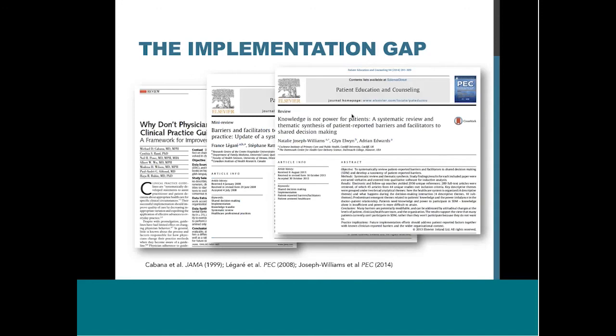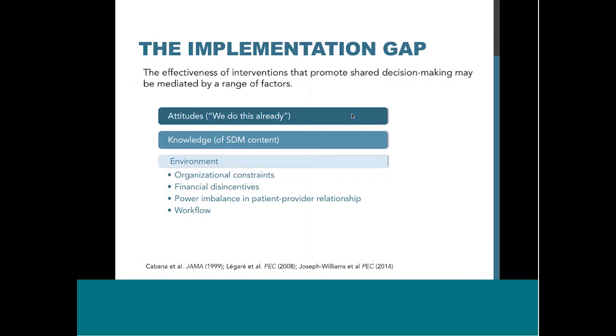And more recently, Natalie Joseph-Williams, my colleague Glenn Elwyn, and Adrian Edwards in the UK did a review of patient-reported barriers and facilitators. What we know from these various reviews is that there's a range of factors that could mediate the uptake of shared decision-making.